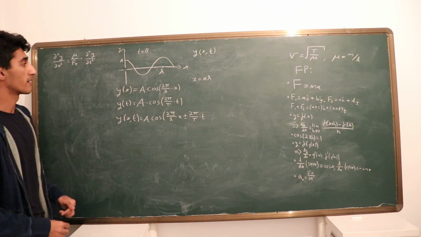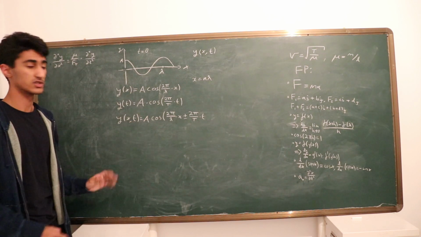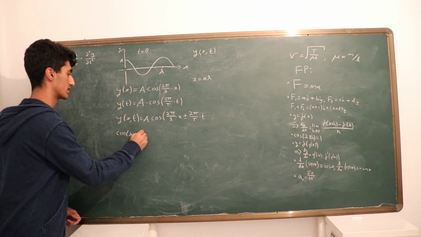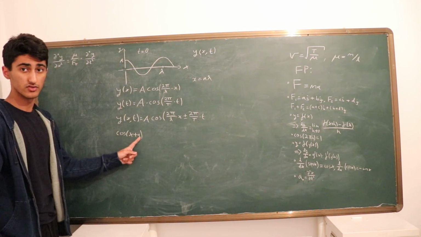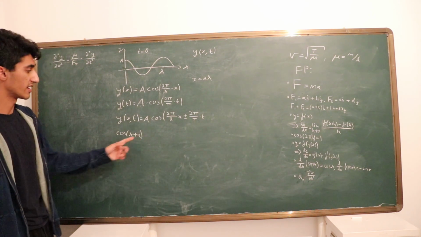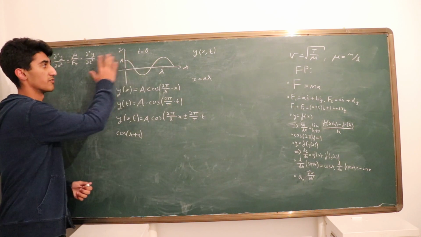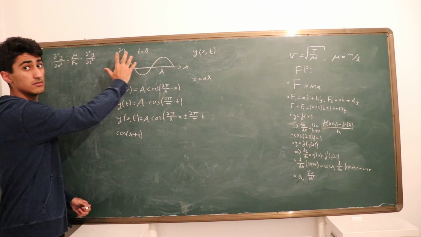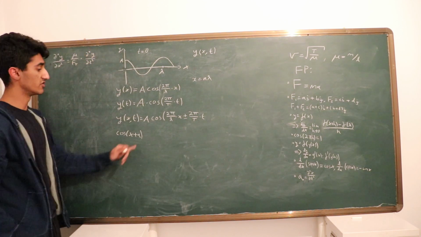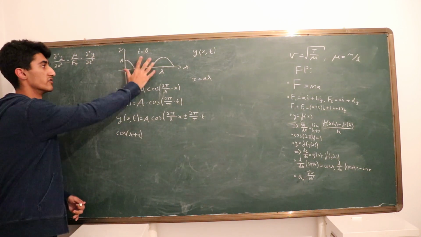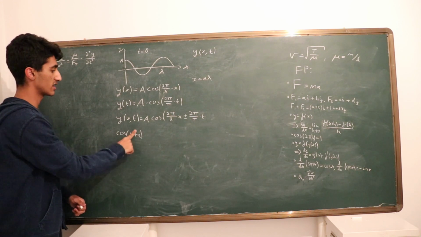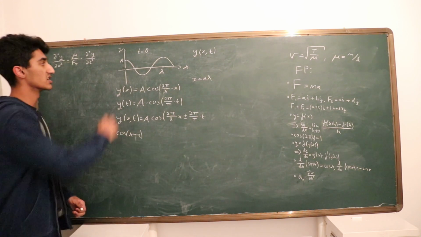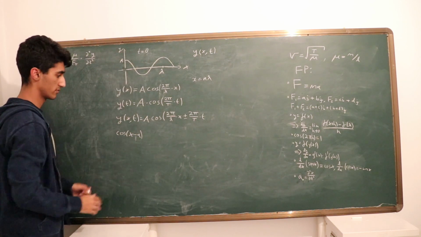And you know that when you have cosine of x plus a, if a is a positive number, let's say 5, your wave is going to move to the left by 5. So if this keeps increasing at a constant rate, like time, then you're going to keep moving to the left at a constant rate. Similarly, if it was x minus a, where a is positive, it's going to move to the right.